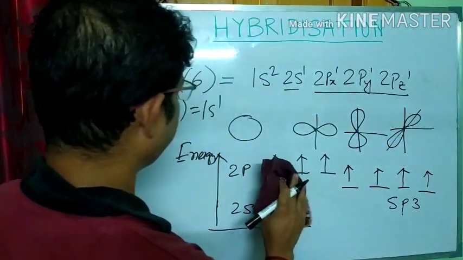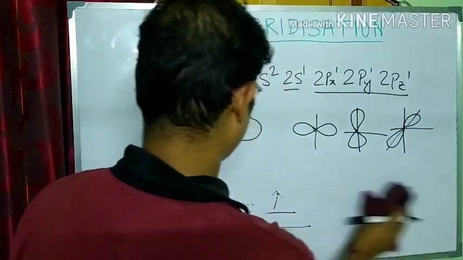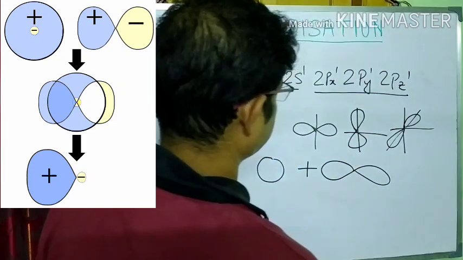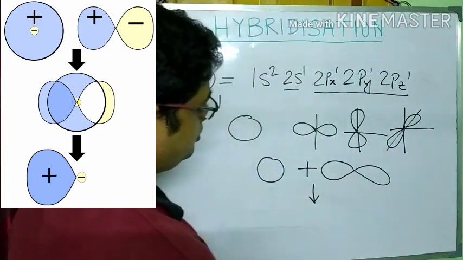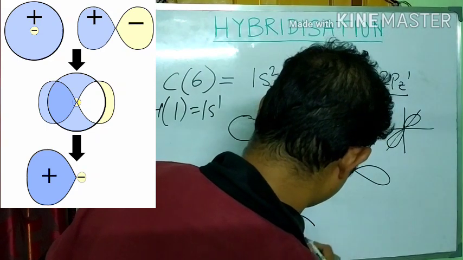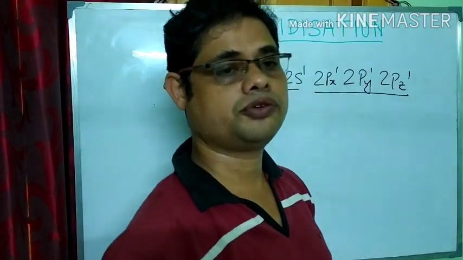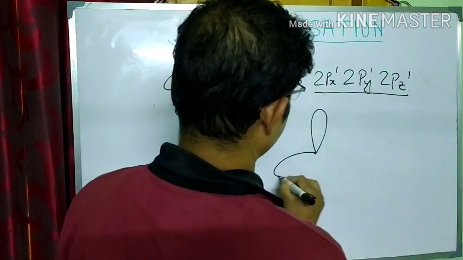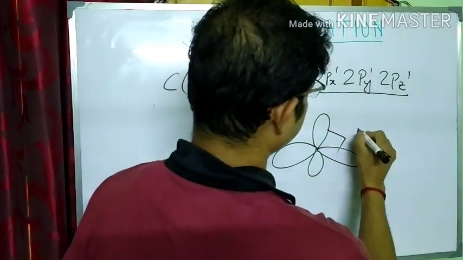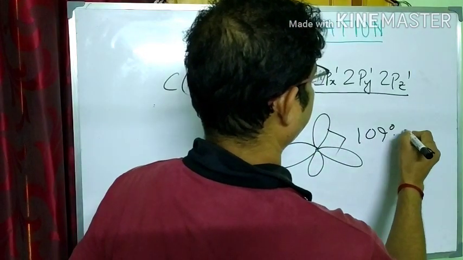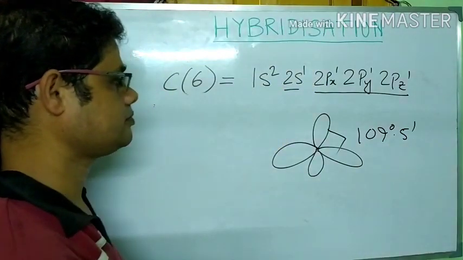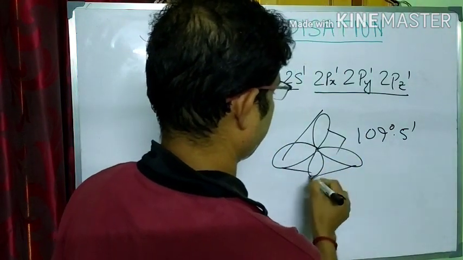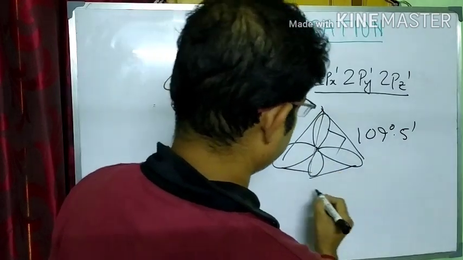Now we discuss how hybridization occurs. The s orbital and p orbitals mix, and we get 4 sp3 hybrid orbitals, which are arranged with all angles of 109 degrees 28 minutes, and it is a tetrahedral shape.